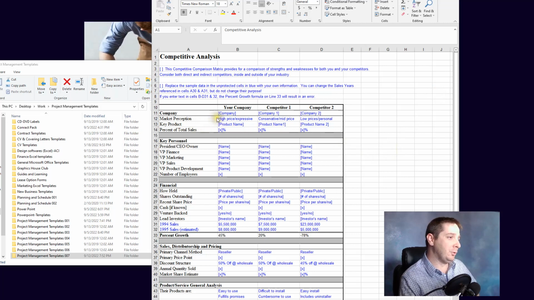So what you do is you fill in all of your company knowns and all your competitor knowns. And honestly, when it comes to key personnel, you could change this to be like product lead and financial officer and stuff like that. It could be much simpler than a VP and a CEO kind of thing.